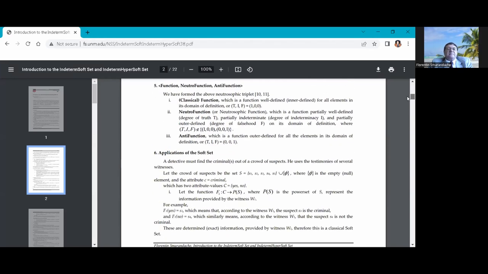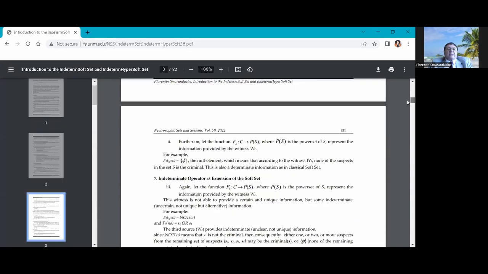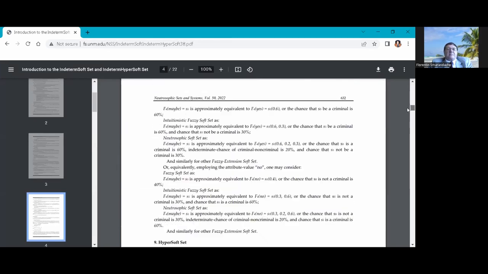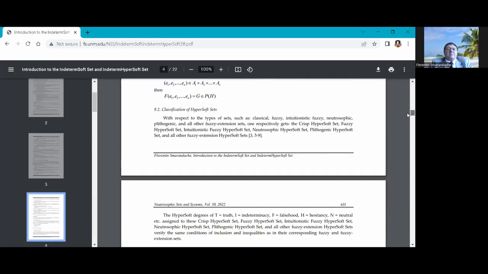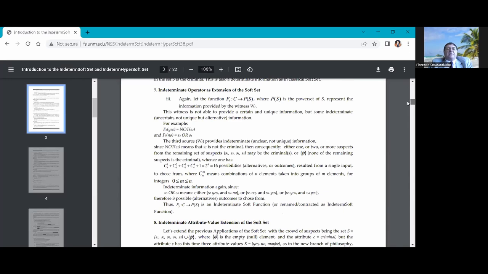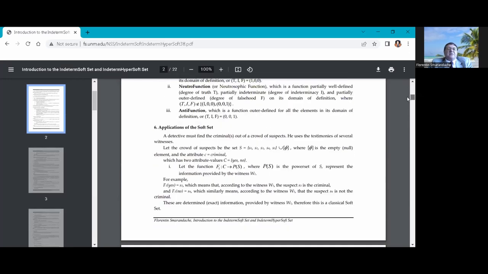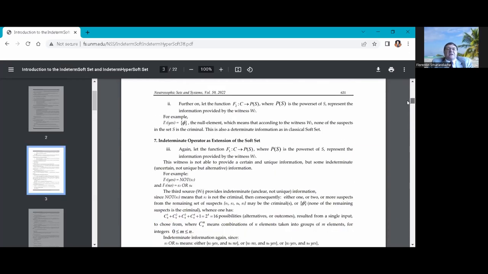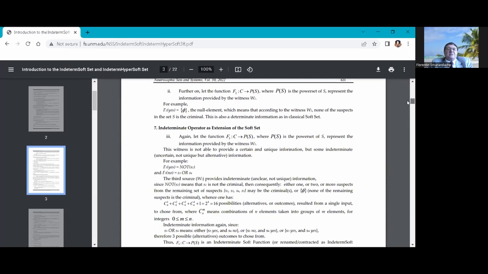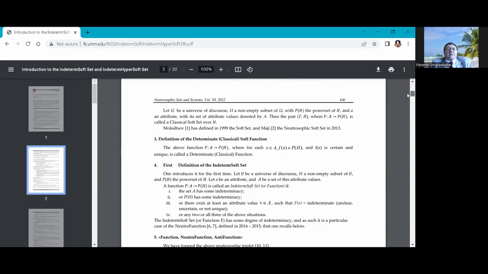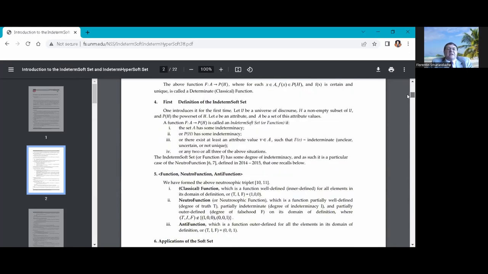Looking for indeterminate soft-set examples. So this is the soft-set indeterminate operation. Classic subset, indeterminate subset.